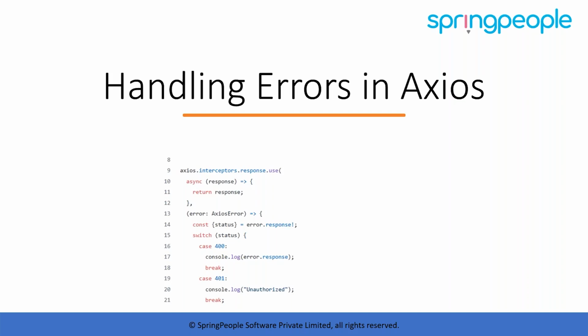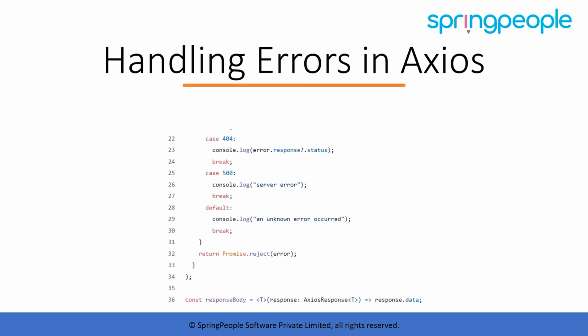Here in this case, as I already told you, this is a response interceptor, which is going to double up as an error handler as well for me, because I want to be able to handle the different kinds of errors that could possibly get thrown. Here I've written about 4 or 5. There could be other errors that you would be expecting. You can put them here as well.